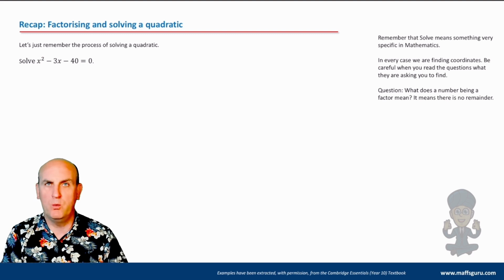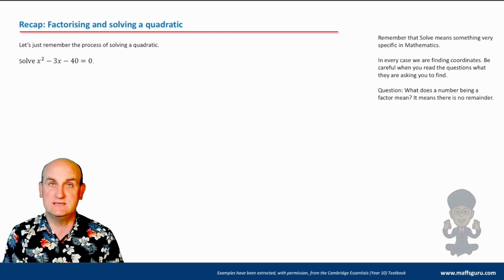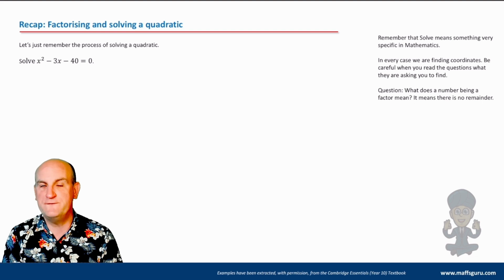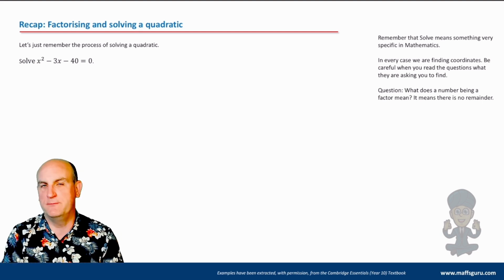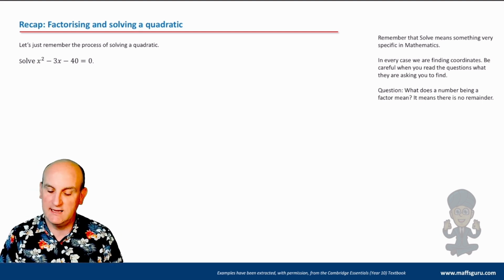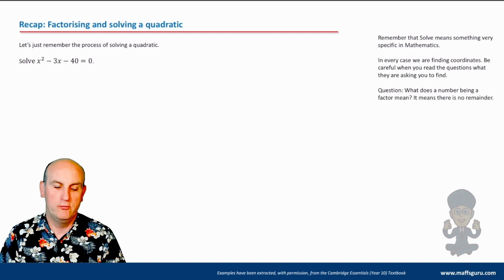Yay! But why do we factorise them? Because they show us where these points cross on the x-axis, yes? There are crossing points. This helps us sketch. But they also become our factors. And why are they our factors? Because they divide in with no remainder. This all gets big and big and big. And if you need to, go back and watch the videos again. As I said on Maffs Guru, really, really important.